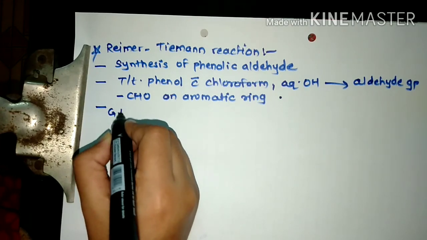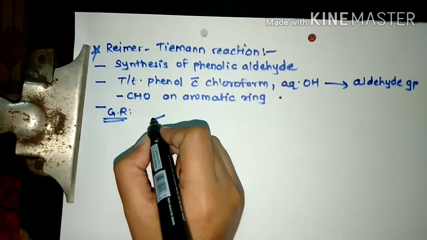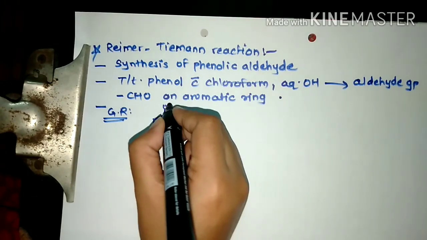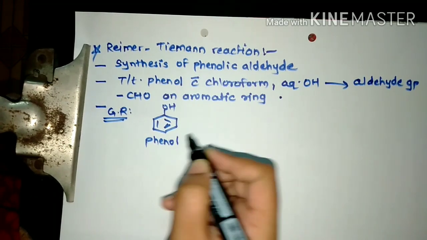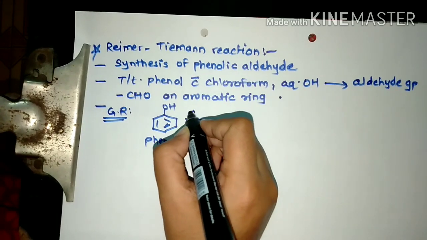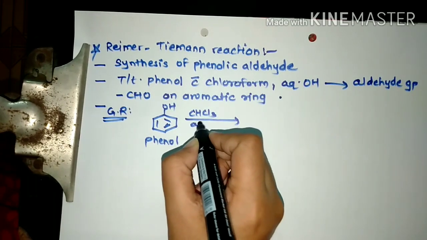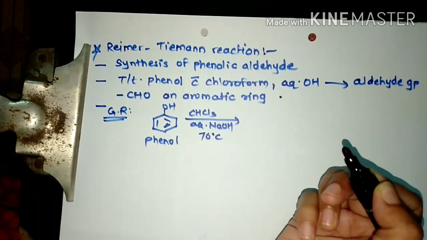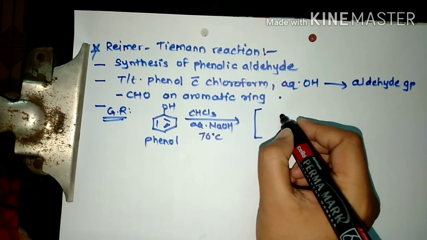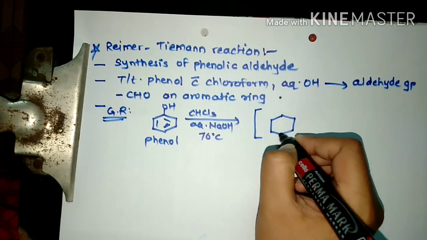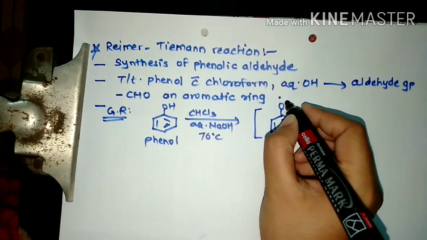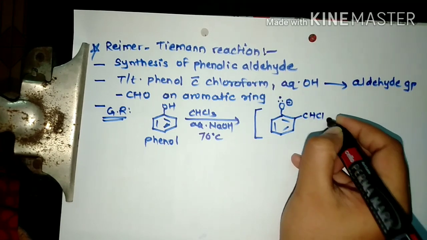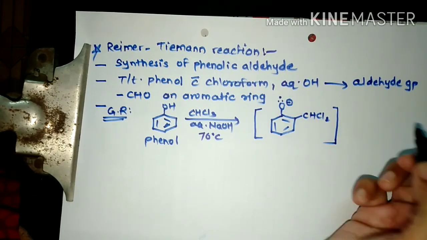So, let us draw the general reaction where phenol is reacted in presence of chloroform CHCl3 and aqueous NaOH, that is alkaline solution at 70 degrees Celsius. You will get formation of phenoxy group and your CHCl2 group will be attacked over here.